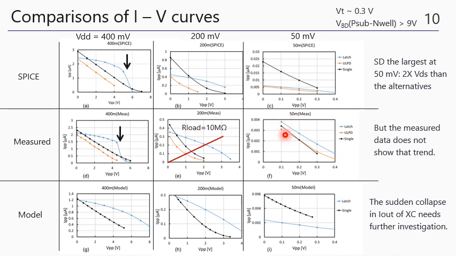This is a little different, but mainly in the five cases, the SD has the largest short circuit current, and the latched charge pump has the largest output resistance compared to the others.